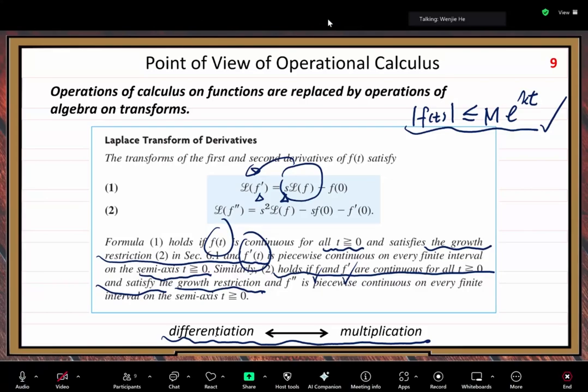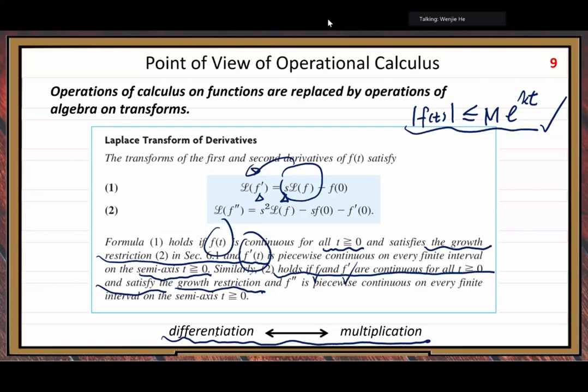All right. Under the Laplace transform, the derivative becomes, so we know the derivative is an operation, right? The derivative operation is converted to a multiplication operation on the other side.